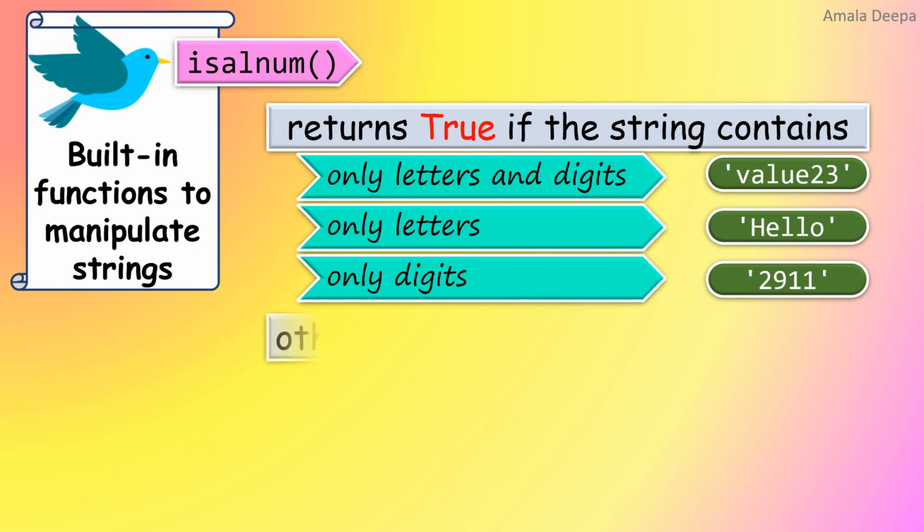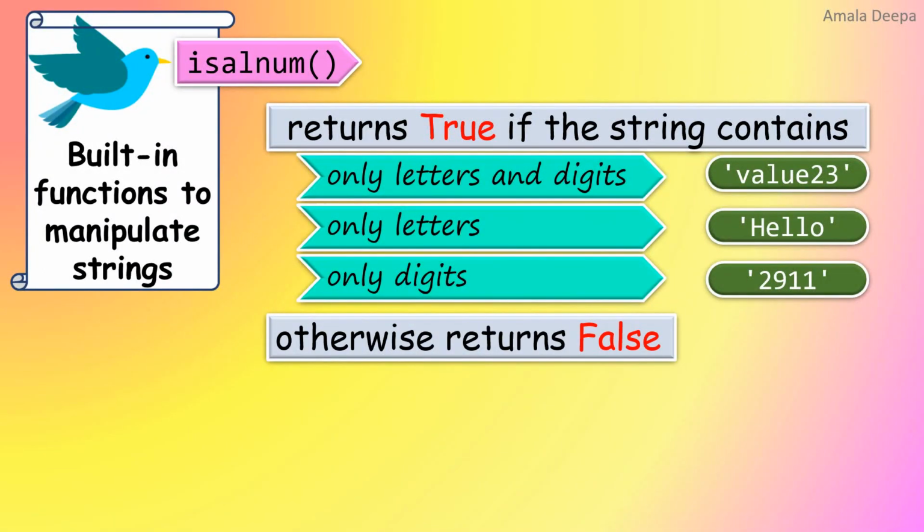When will it return false? It will return false when there is a space, that is when there is a special character other than letter and digit. Here there is a space. Here there is a space. And here in the string A1 and A2, here and, that is a special character.